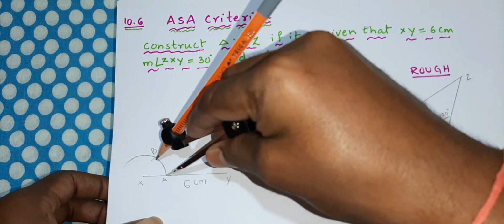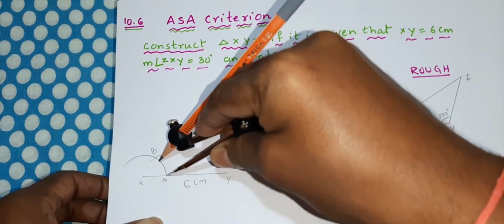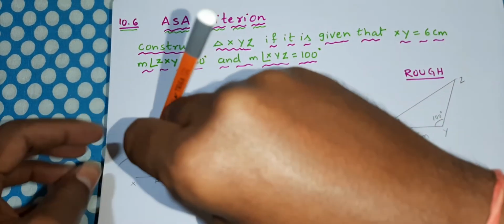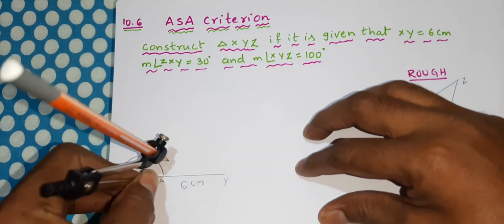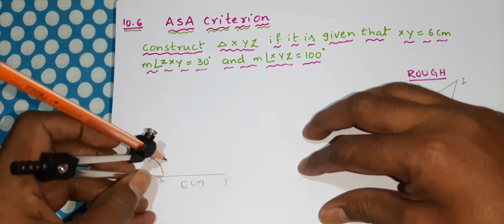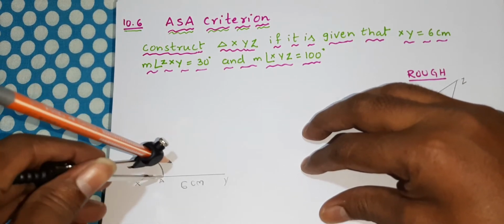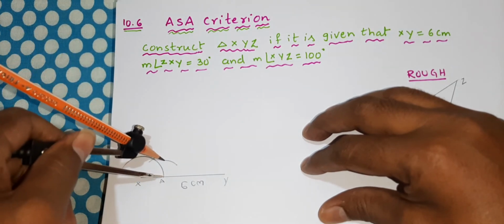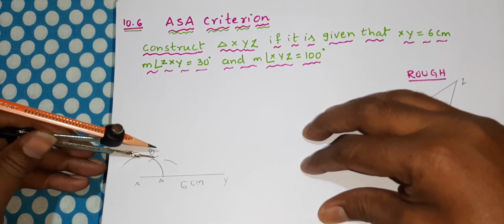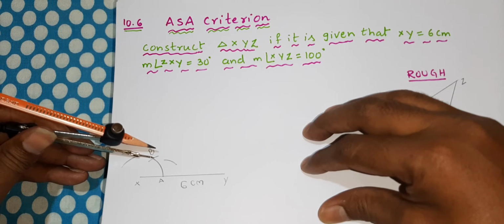Take more than half. Take center as A and draw the arc here, as well as take center as B and cut that arc.